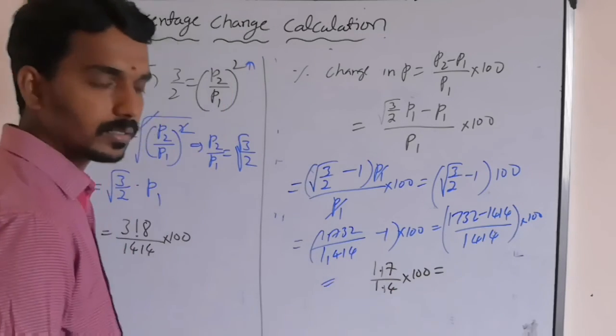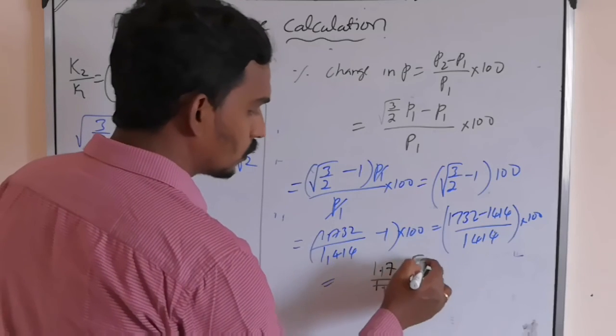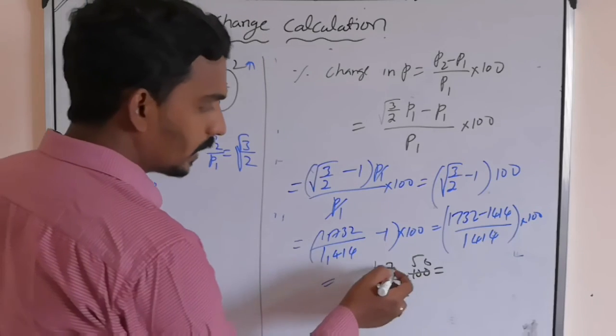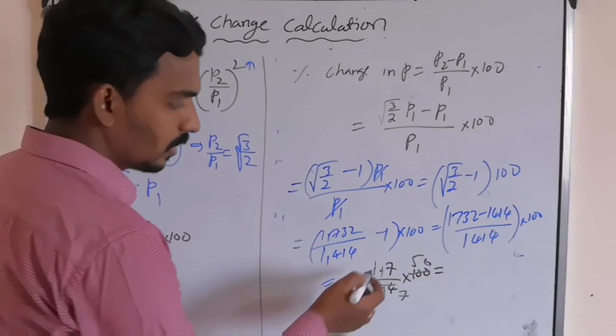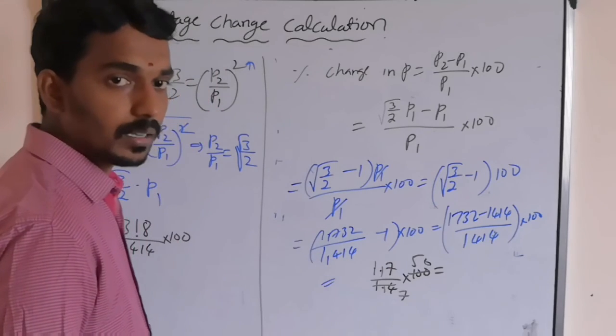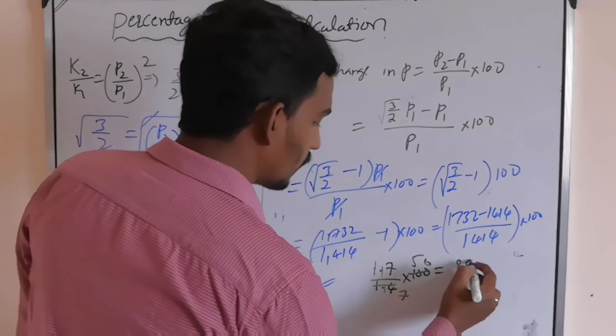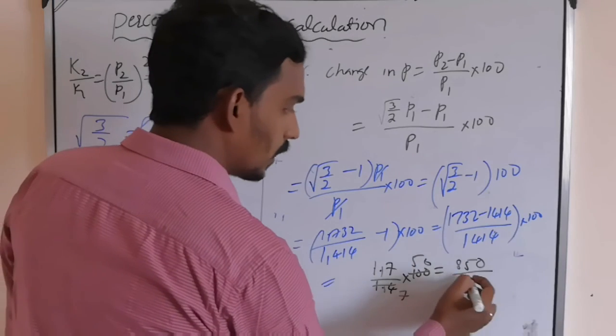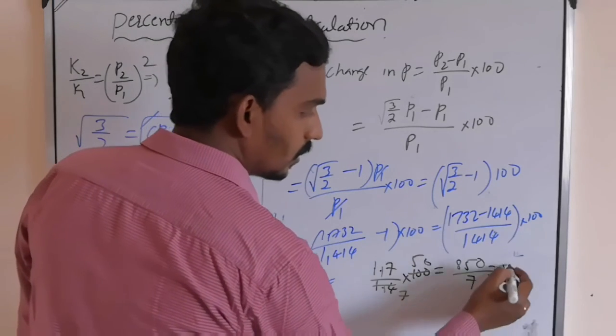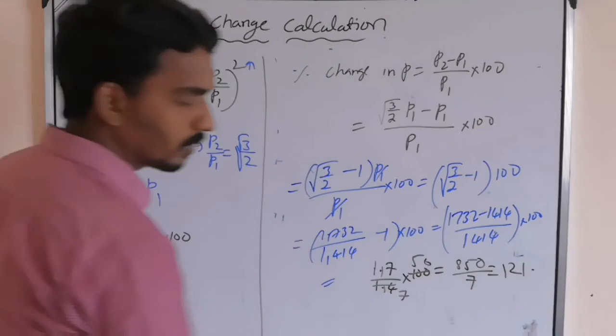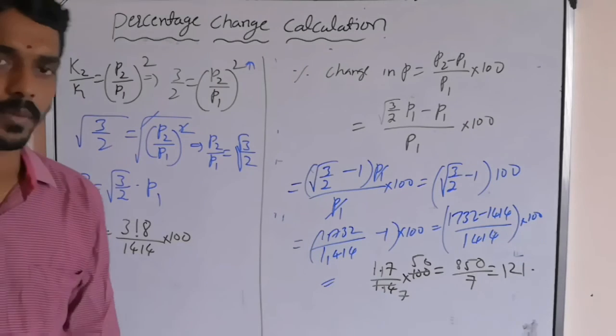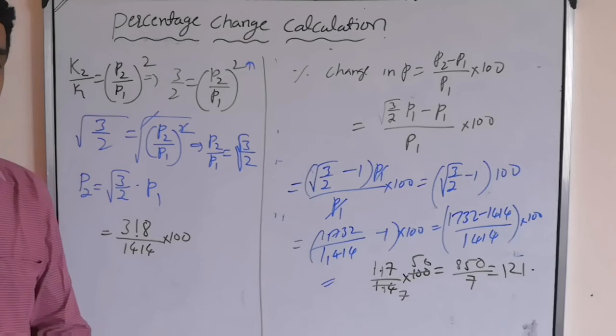So the points cancel. 2 sevens are, 2 50s are. So 17 into 50, 17 5s are 85, by 7. 1, 2, 1 point something. So approximately how much? 121 percent.